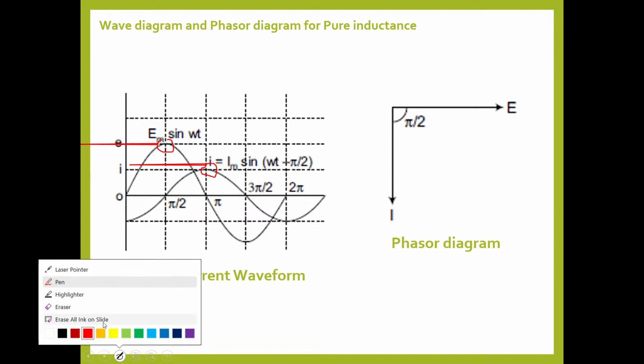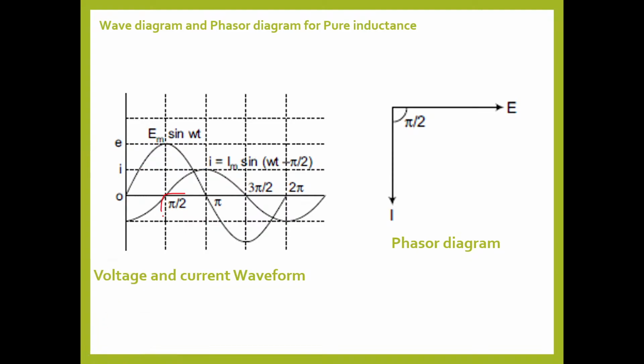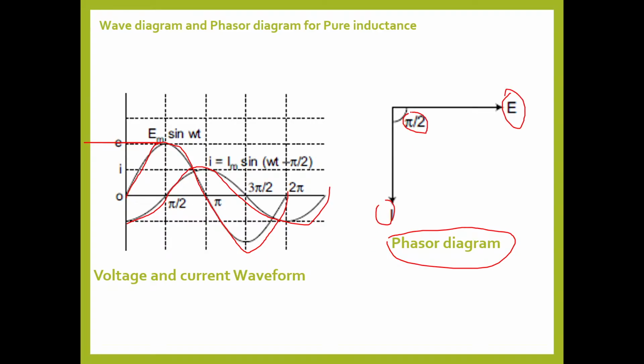Therefore, current is lagging voltage here by an angle of 90 degrees. This is the voltage waveform, this is the current waveform, and this is the phasor diagram of a purely inductive circuit. Voltage is leading current by an angle of 90 degrees.